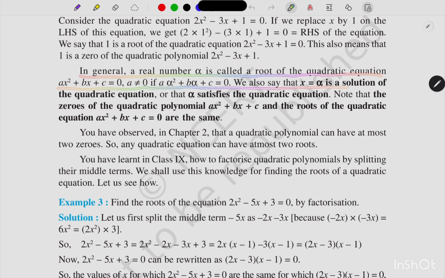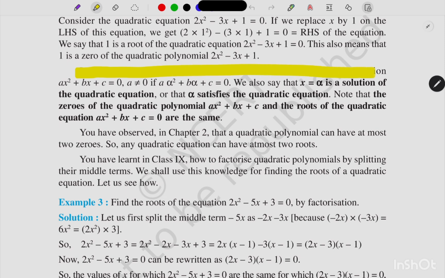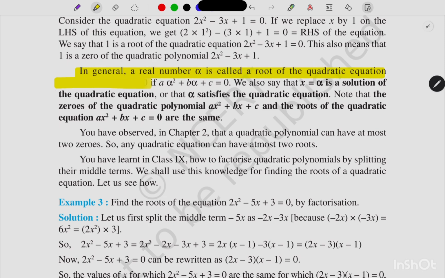We say that x is equal to alpha is a solution of the quadratic equation, or alpha satisfies the quadratic equation. Note that the zeros of the quadratic polynomial ax square plus bx plus c and the roots of the quadratic equation ax square plus bx plus c is equal to 0 are the same. So this is important.